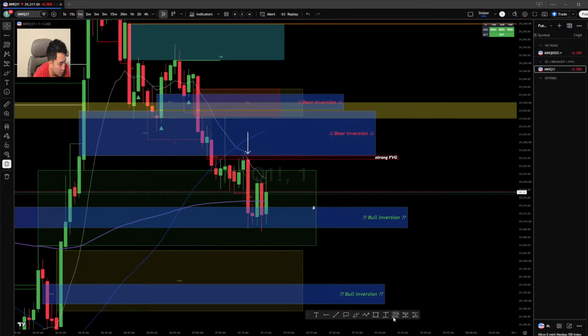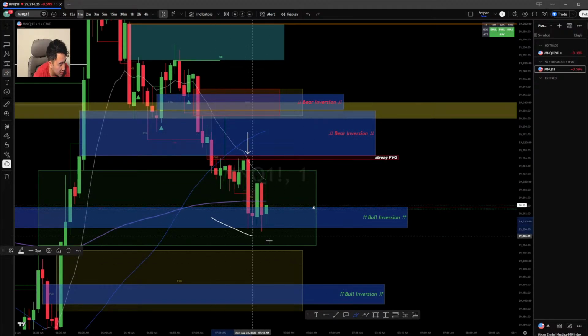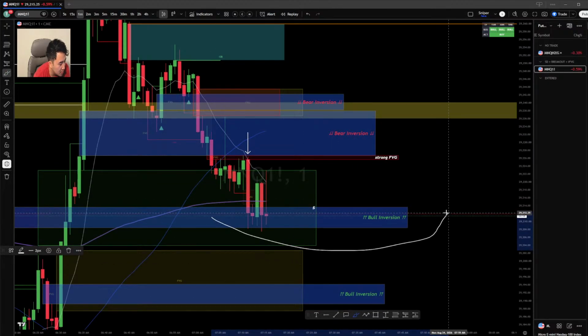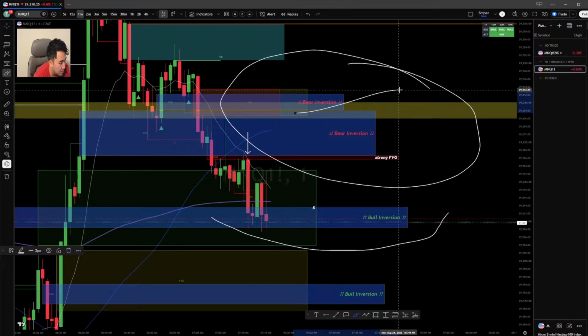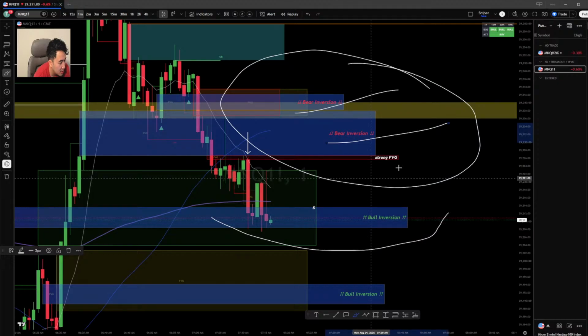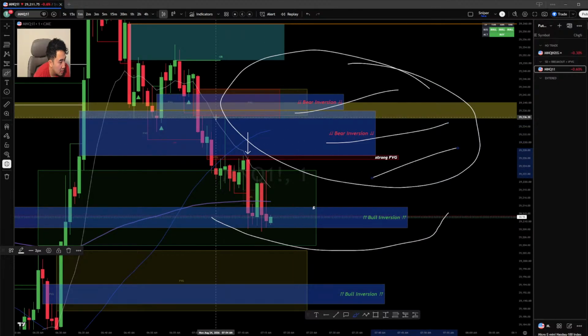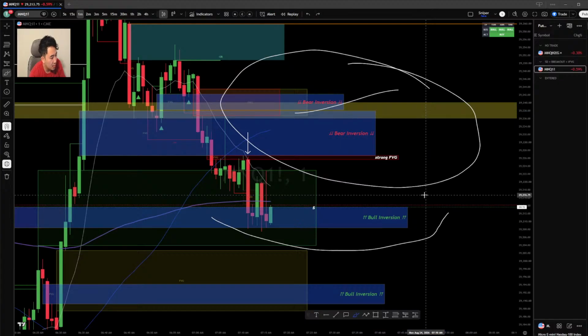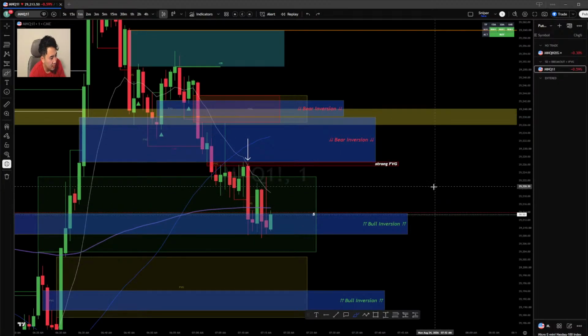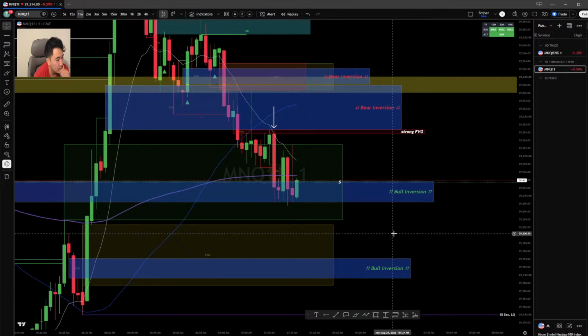All right, right now we're caught up in between this bullish inversion zone. You got some buyers here, and then you got some sellers from up top. Bearish inversion, bearish gap, retest of this resistance level and the gold bar up above. Eventually price probably will continue downwards.